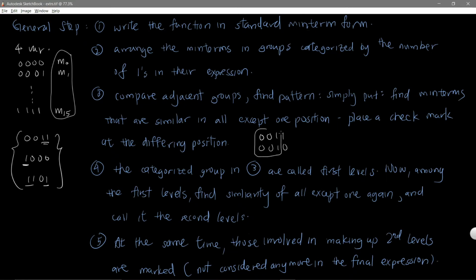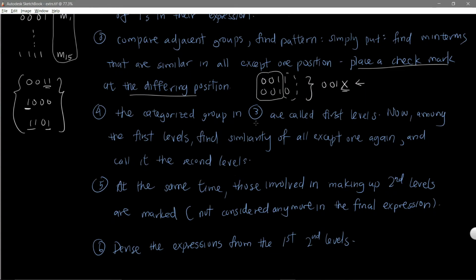So they are similar in all these 3 positions except for the last one. So you want to group them to become x. X meaning that it can be either 0 or 1. So that's what it means by placing a check mark at the differing position, at this position. You replace it with a check mark. So now these 2 expressions become 1.